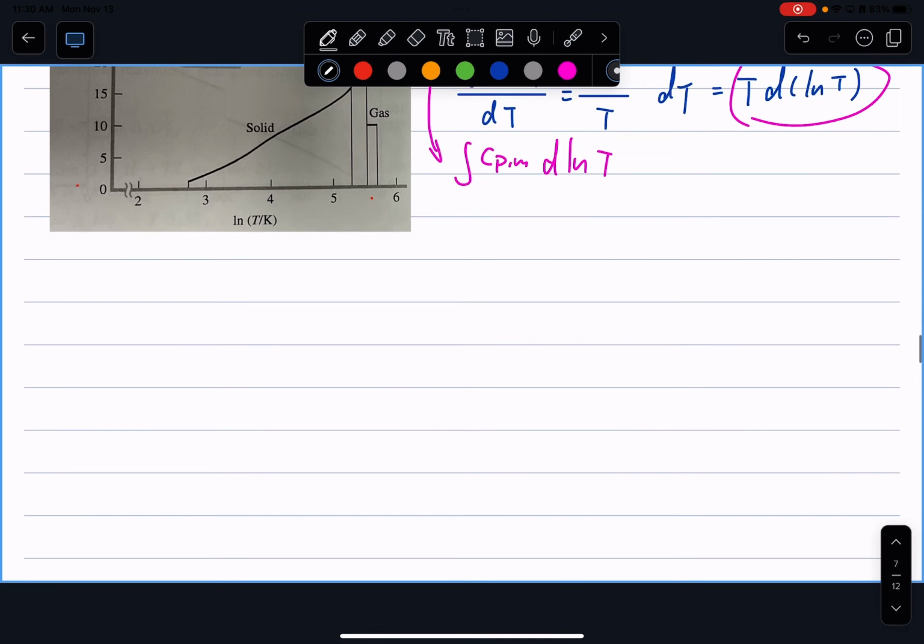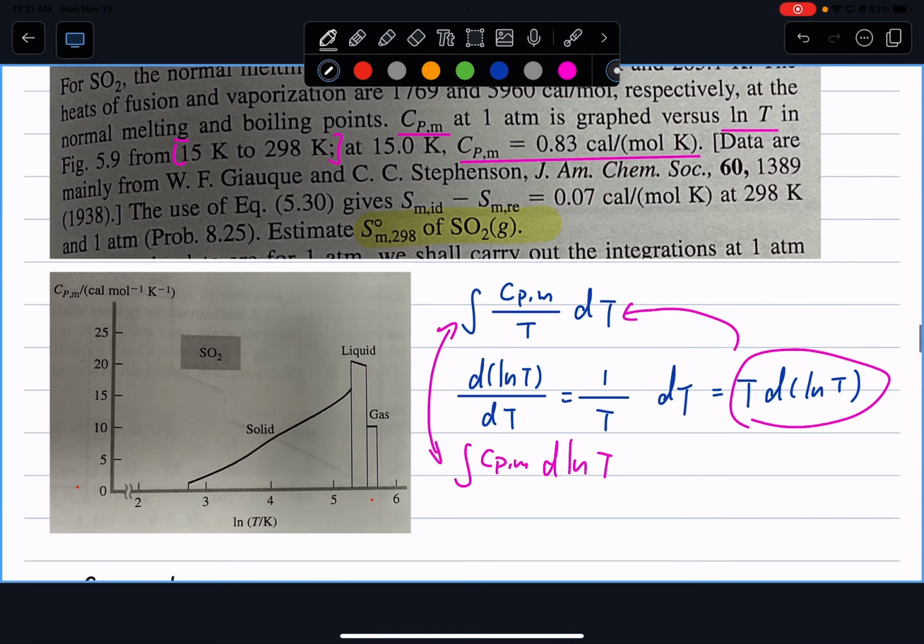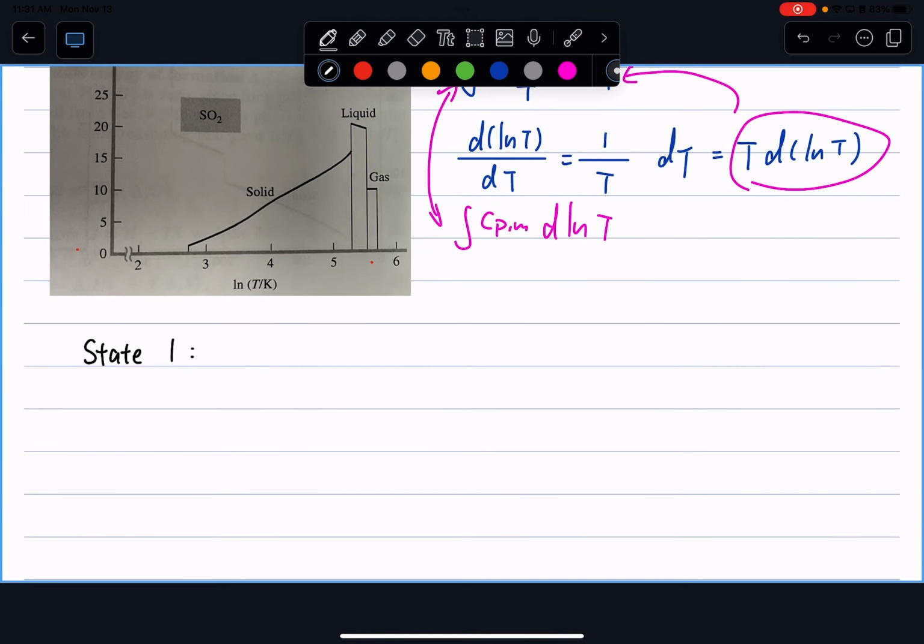First things first, when we're talking about any thermodynamic problem, let's write out our initial state. Here our initial state is always temperature approaching 0 Kelvin, in condensed or solid form. So S0 equals 0 for that process.